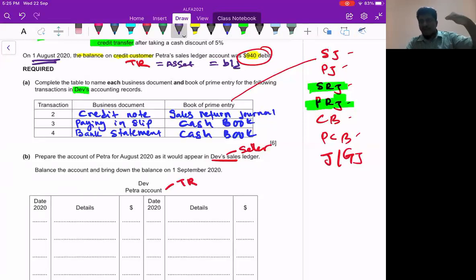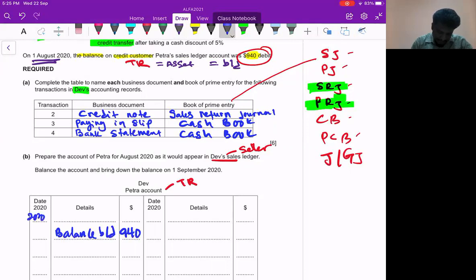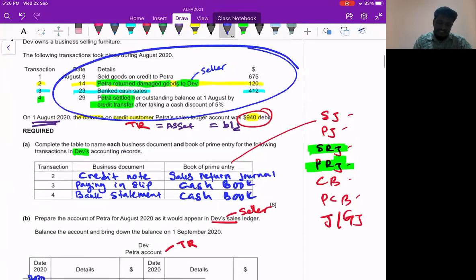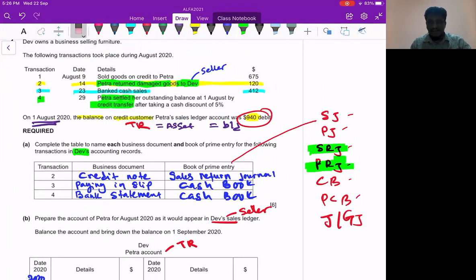You know, right? Adam wants to eat large chicken rice. Asset will be on the debit side. So since asset is debit, I go to the debit side and write 940 here, balance b/d. The date will be 2020, August 1. After that, we will record all the transactions related to Petra.